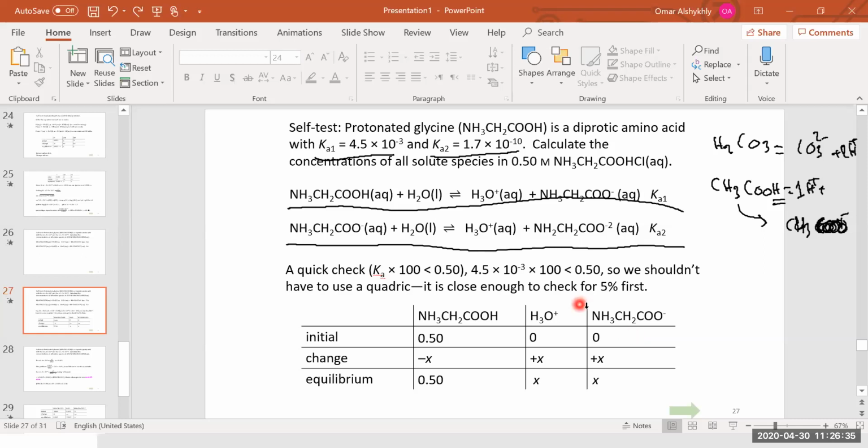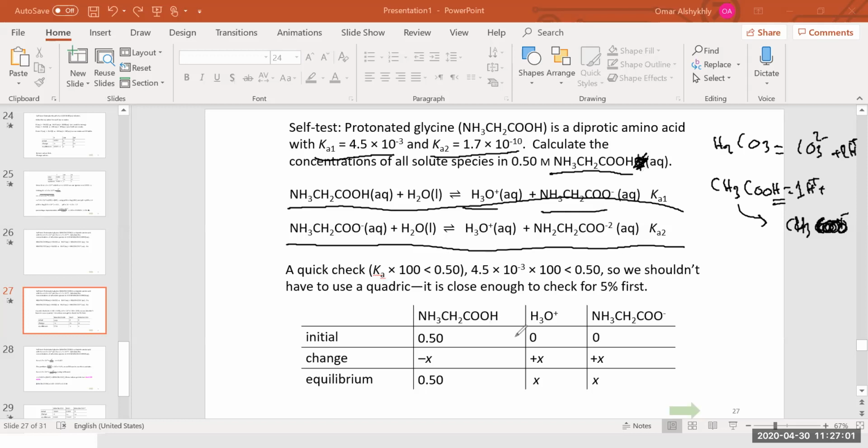Just one minute. Okay, here there is no Cl. Sorry, it is this one, and that one, of course, will dissociate to give the H3O positive. There is no Cl here.